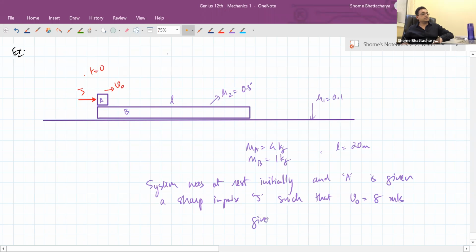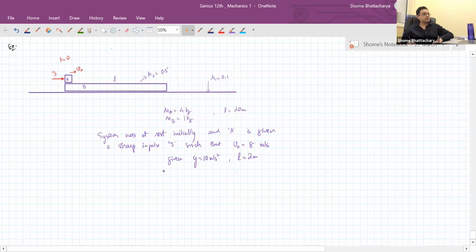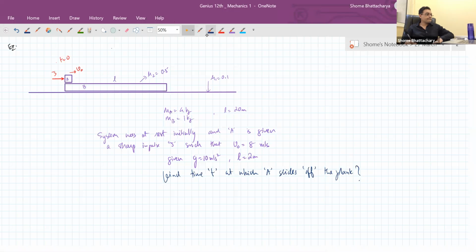Given that g is 10 meters per second square and the length of the plank is 2 meters, find the time after which A slides off the plank. Assume A is a block of negligible size compared to L. So after how much time does A slide off the plank? Just try this out, people.